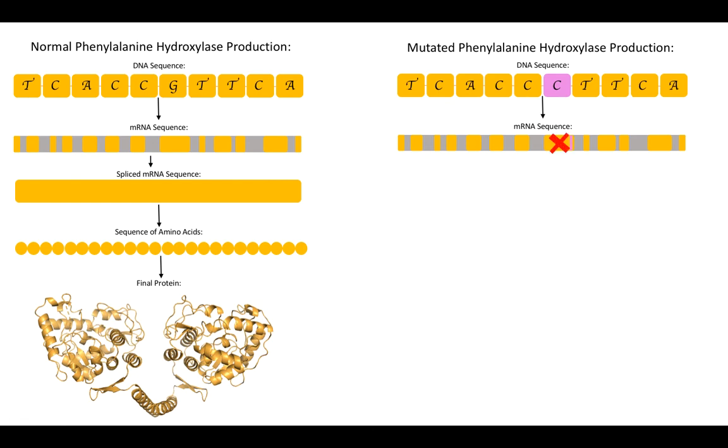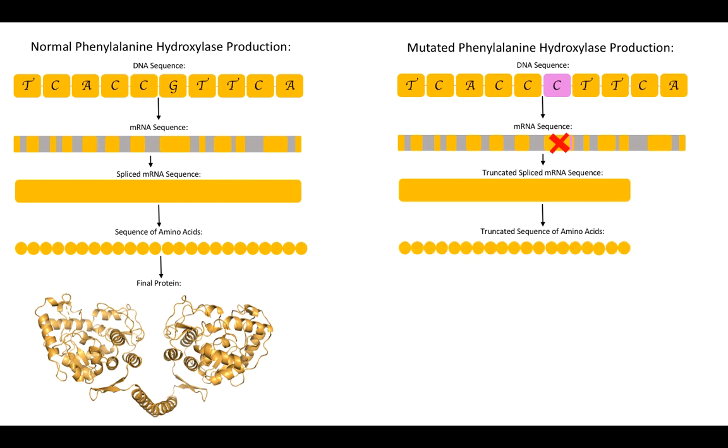So now when the spliceosome, that big red thing from before, comes along to cut and paste our mRNA sequence, the entire orange region here is going to be excluded, because the locations which should have been cut and glued are now unrecognizable in this region. So we now have a truncated, spliced mRNA sequence. And of course, this consequently leads to a truncated amino acid sequence.